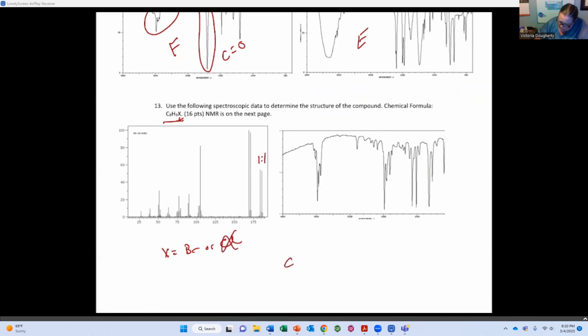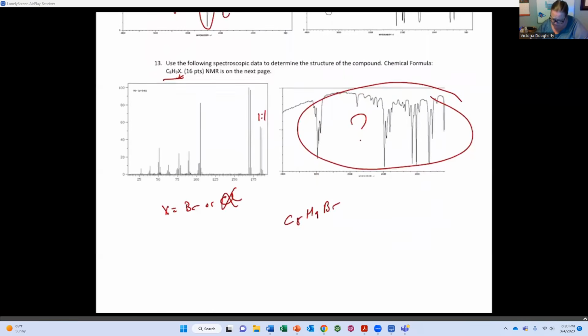So we know my molecular formula is C8H9Br. Not a whole lot of interesting stuff on the IR. Well, let me see what my degrees of unsaturation are. Okay. My degrees of unsaturation are 2N plus 2, where N is the number of carbons, minus X or H's.